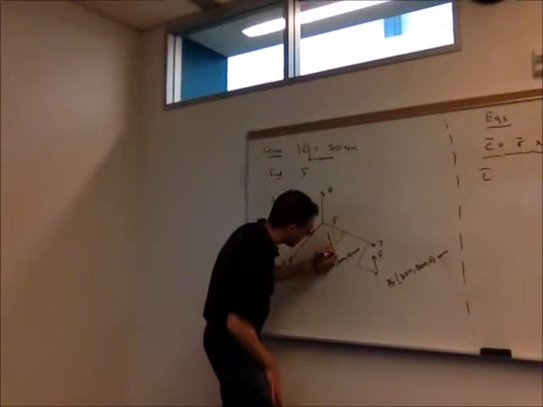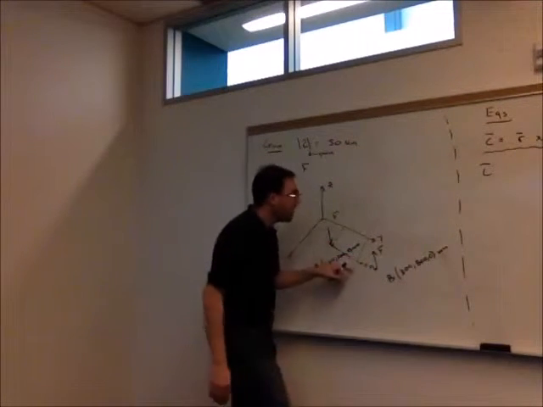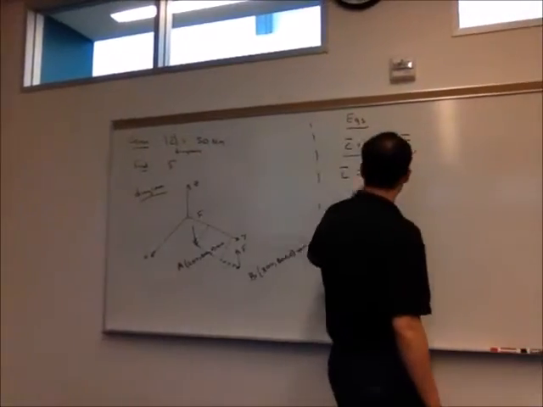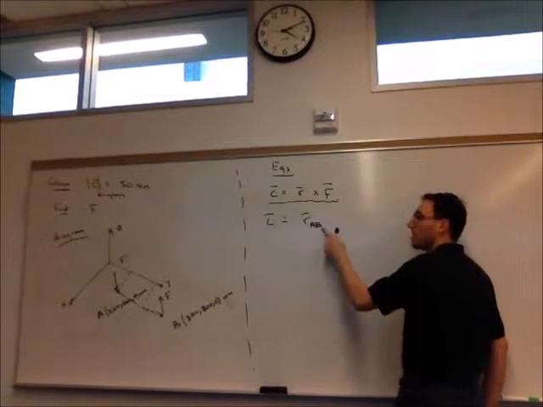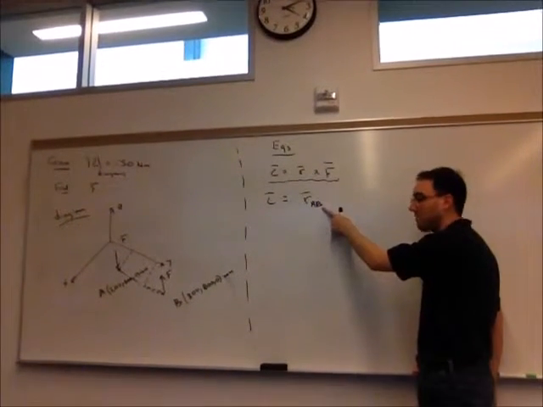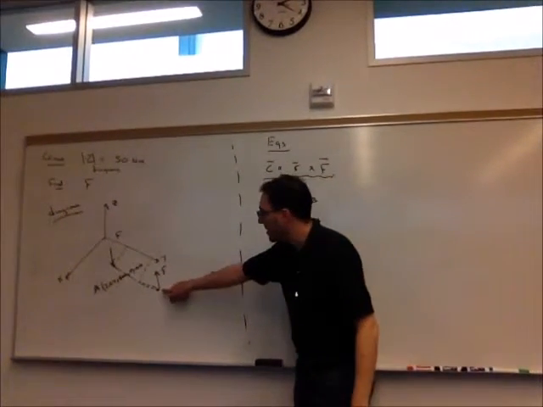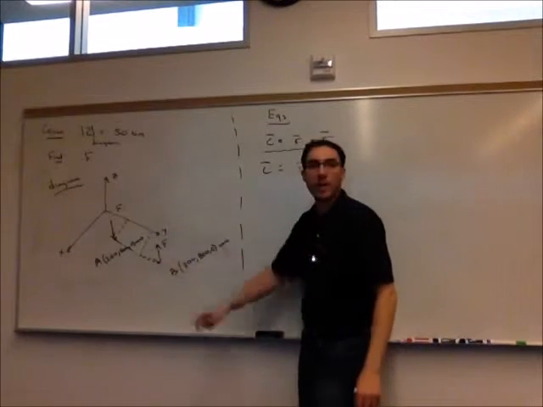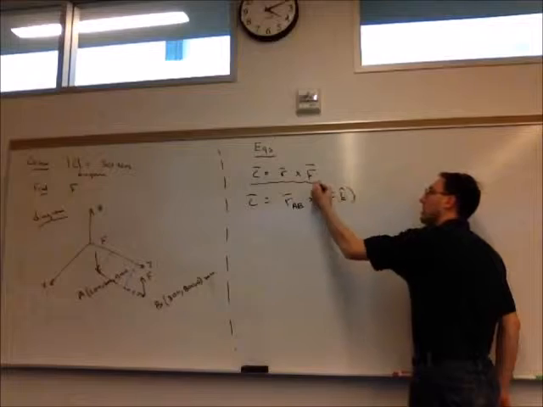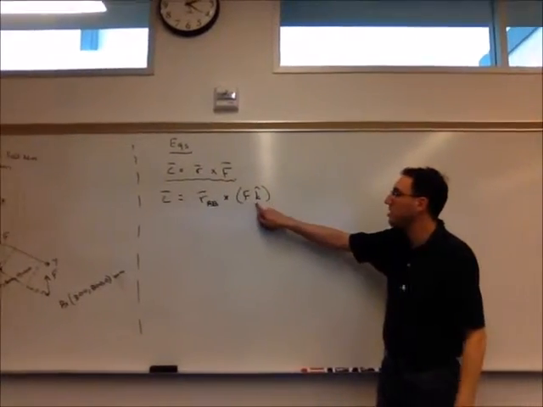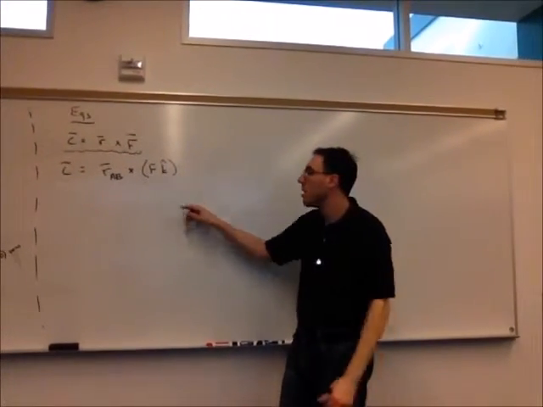So we need to know this distance here. If we use R from A to B, then we're using the force that's acting at B, which is F in the positive K direction. This is the magnitude, and then that's the direction.